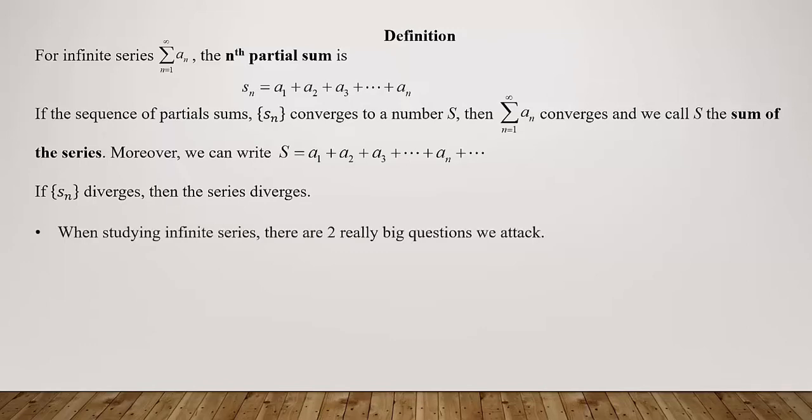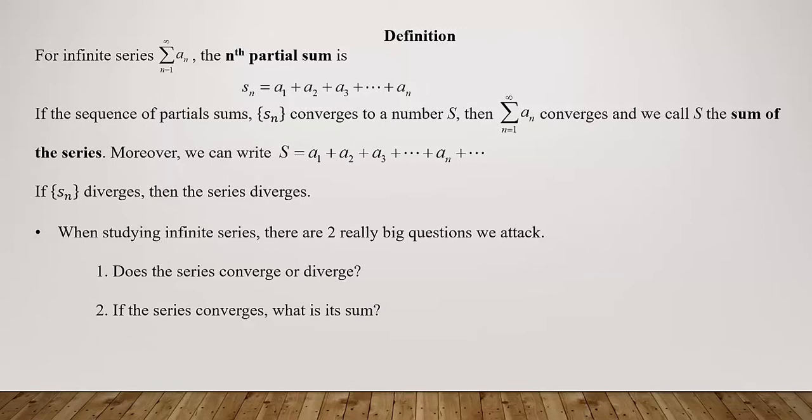So here's the deal, folks. When we are studying series, there are two really big questions that we attack, that we're trying to find the answer to. The first big question: does the series converge or does the series diverge? And then the second big question: if the series converges, what is its sum?